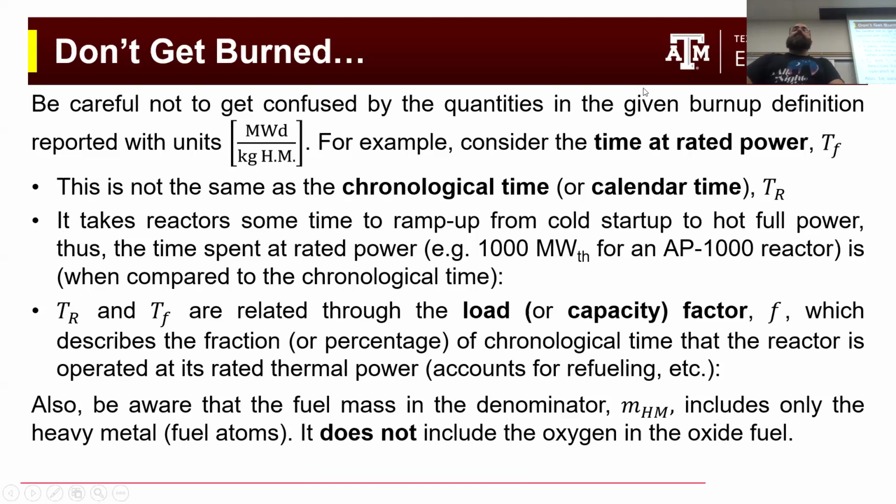So the time at rated power is different than the chronological time. When you think about startup, it takes some time for that to happen. The power is based on the fission power of the reactor. If you think about how long that reactor operates at full power compared to the chronological time, how are those numbers going to compare?